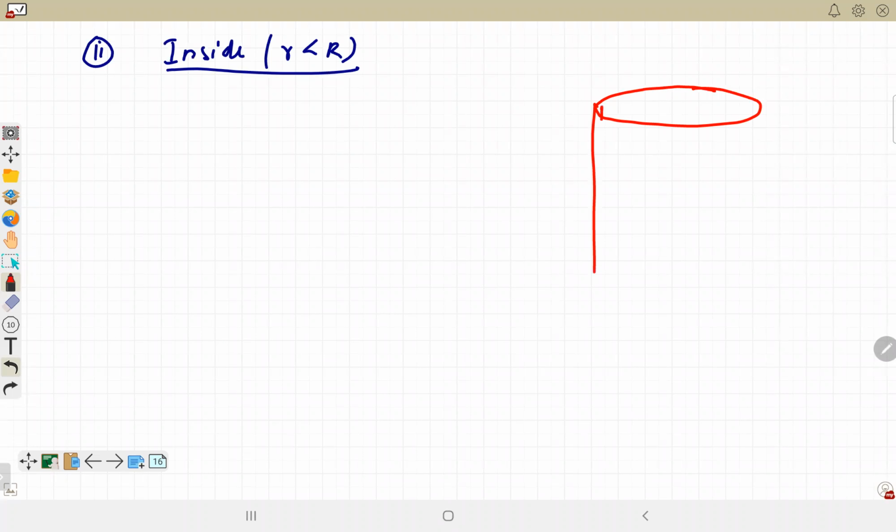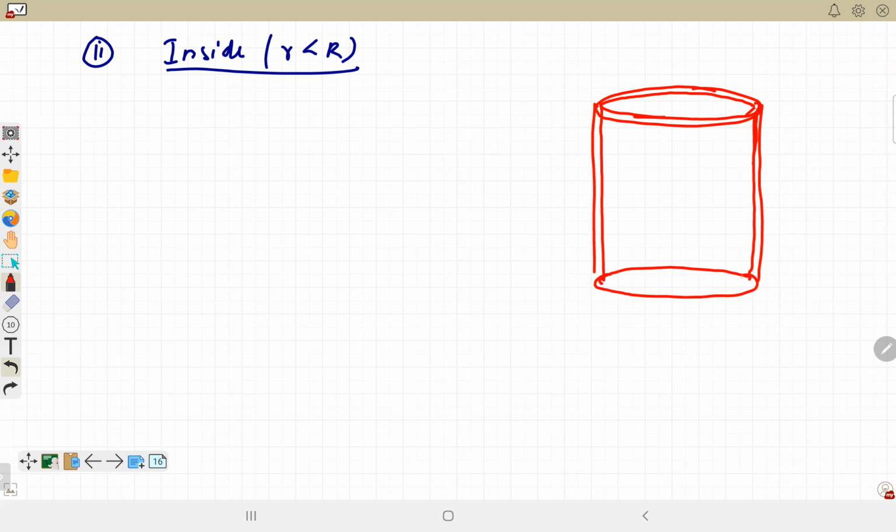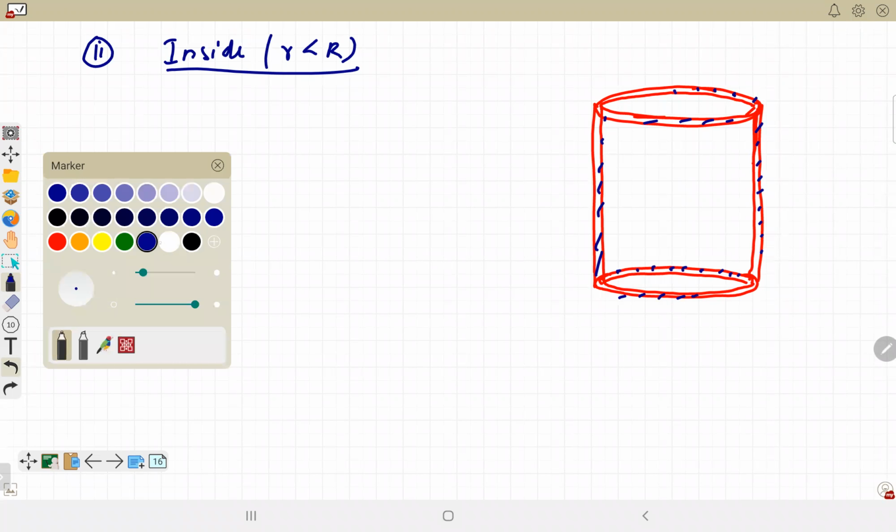This is the cylinder through which current is passing. Current is only on the surface because it is hollow from inside. So if you choose a loop passing inside, there won't be any current in it. And if there is no current, that means no magnetic field will be there, just like the electric field inside a hollow spherical shell is always zero.